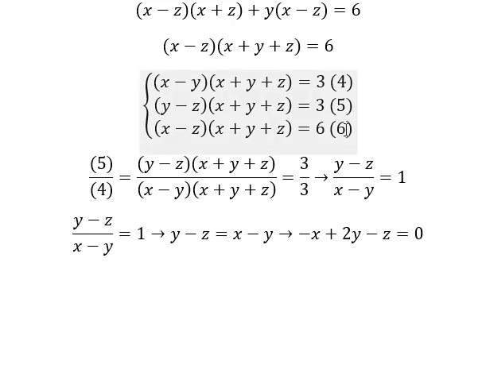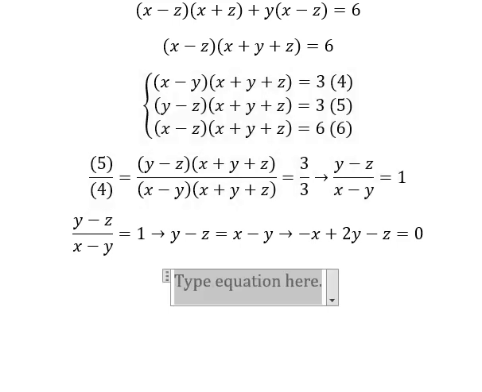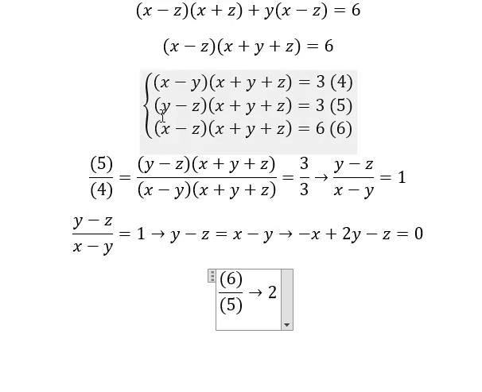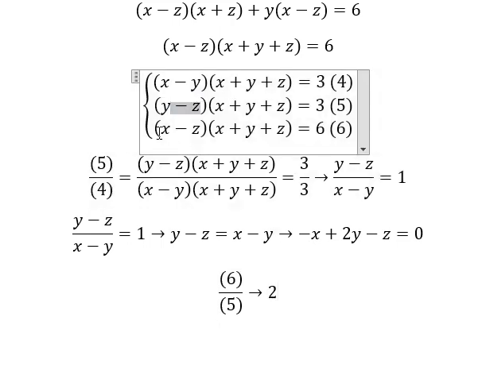Now let's go to number 6 divided by number 5. So in this one, we do the same. So I will go a little bit faster. So number 6 divided by number 3, we have number 2. So this one, we have this one divided by this one.